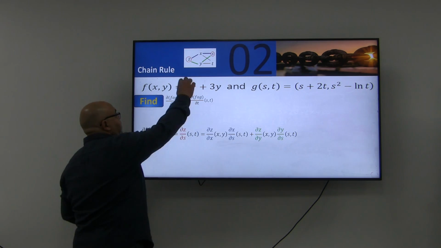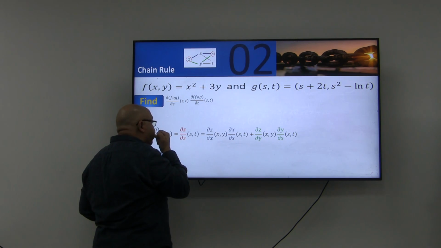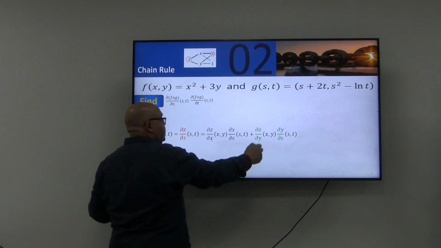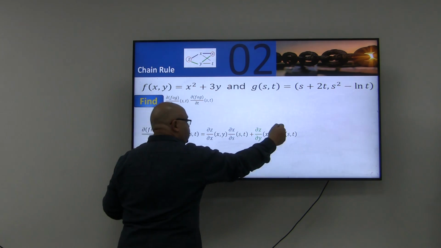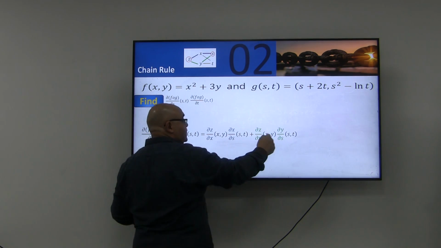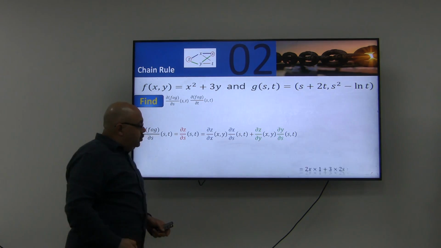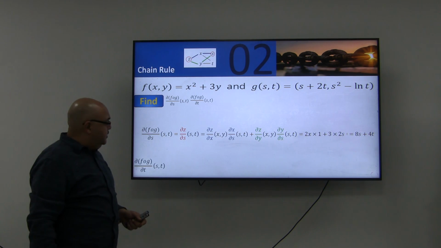We call this part z, if you like. If not, write it the way I did, which is much simpler. Partial z partial x, then partial z partial y, then multiply by partial x partial s and partial y partial s, and start substituting exactly like what we did. I believe we have 8s plus 40.